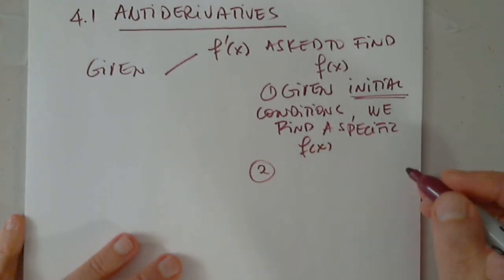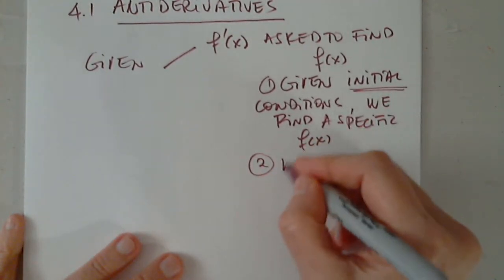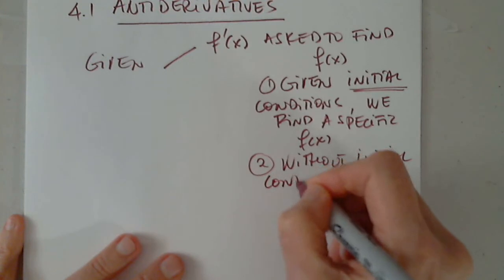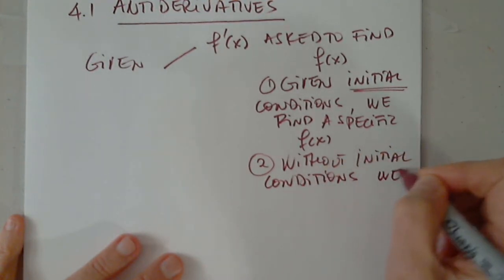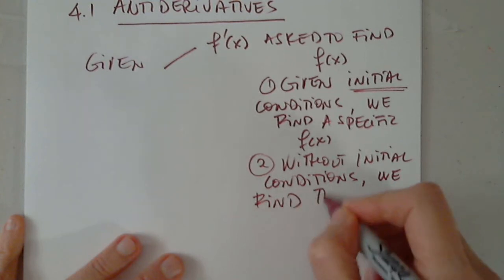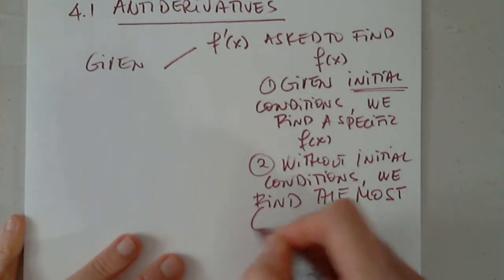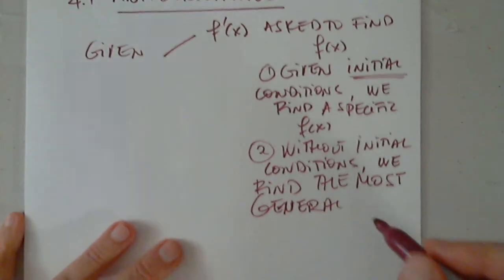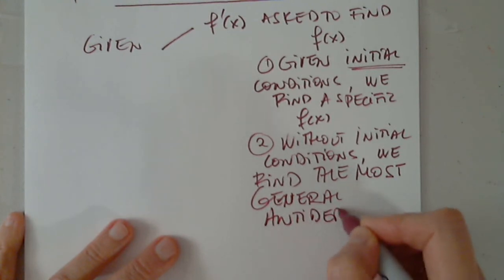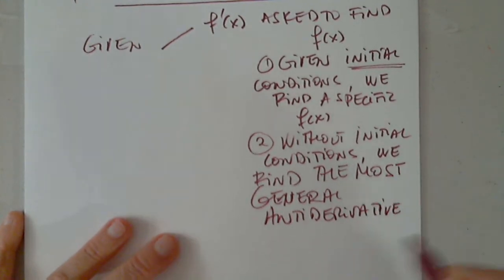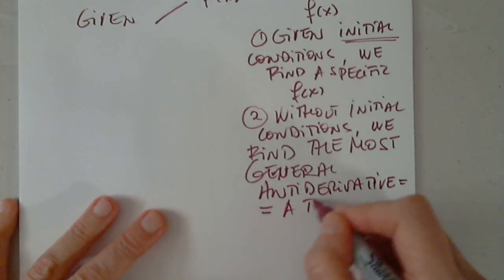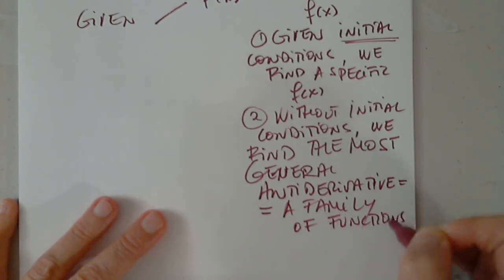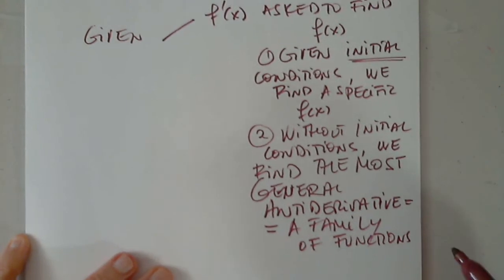Possibility two: without initial conditions, we find the most general antiderivative, which is a family of functions. This will become very clear in the next few minutes.